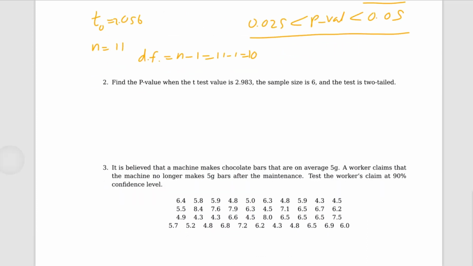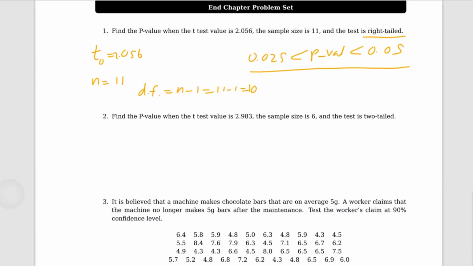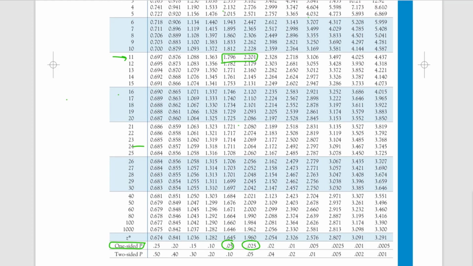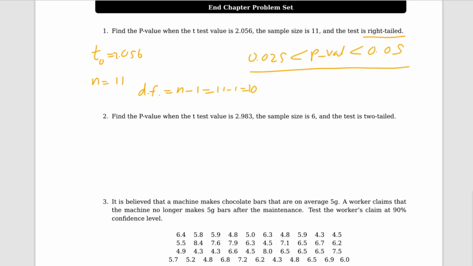Next one. Degrees of freedom 10, right? Which I check. Actually, degrees of freedom 10, not this. Because here you see degrees of freedom is 10.